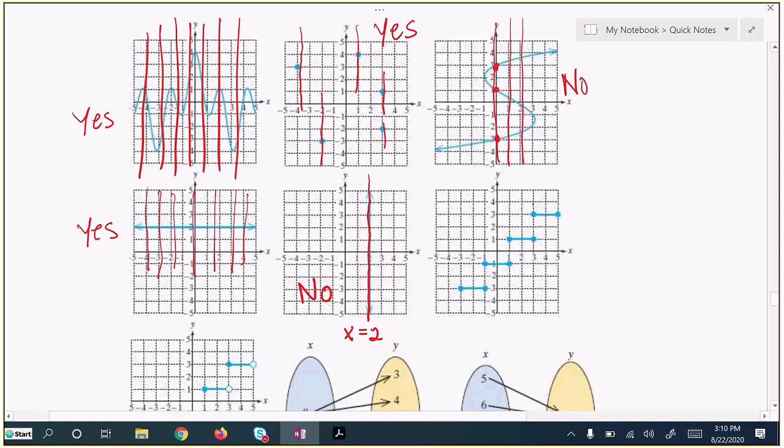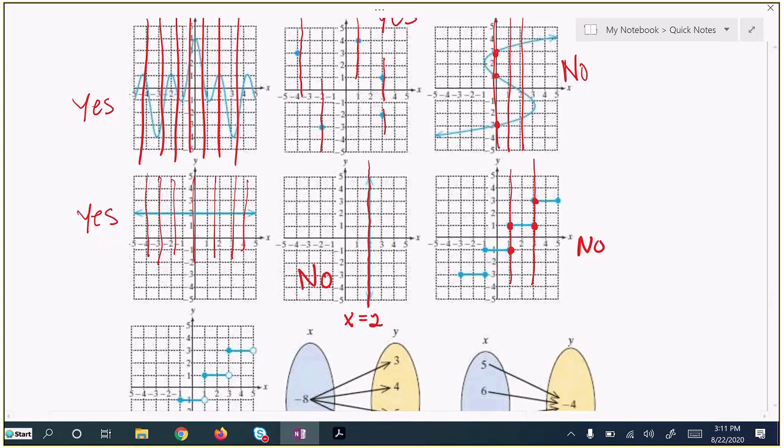Well, I think I have a problem here. If I draw this vertical line, I can see that I've got 2 closed dots here and here. Again, when I draw the vertical line X equals 1, I have 2 closed dots, and so on. So this is failing the vertical line test because, for example, X equals 1 in the domain corresponds to 2 different Y values in the range. It corresponds to -1 and +1, so that's not a function.